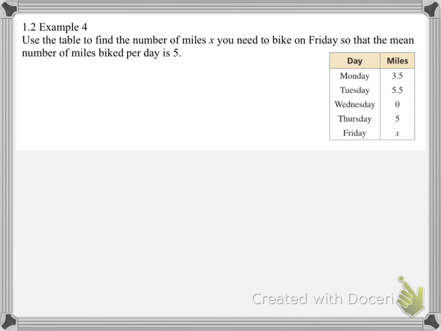What are we trying to find? We're trying to find x. What is x? The number of miles on Friday. Basically that x in the table, that's our missing piece.